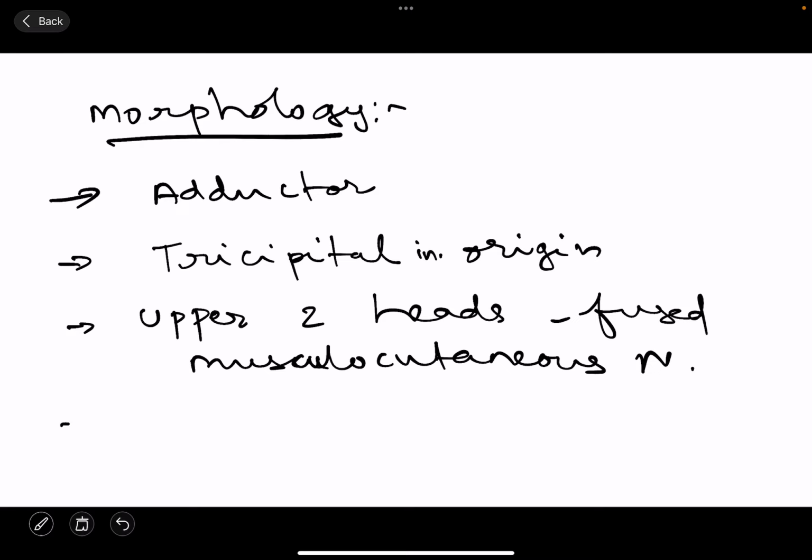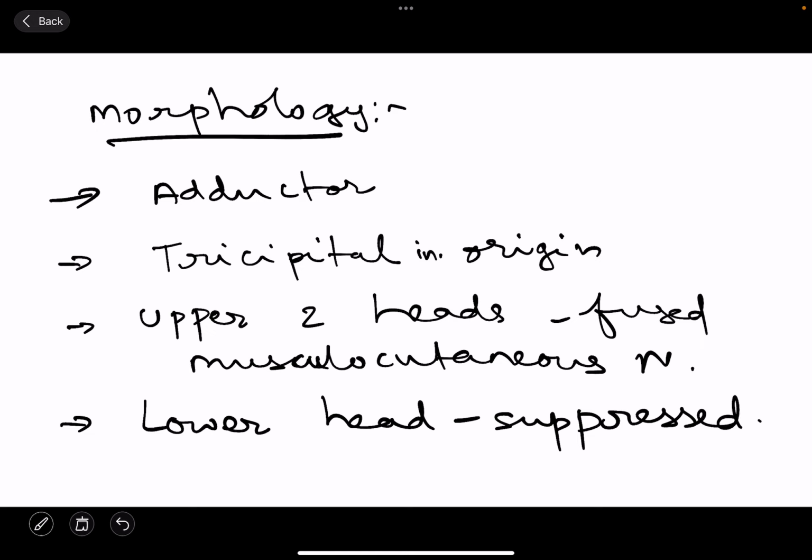The lower head is usually suppressed in man. That is believed to be due to evolution.